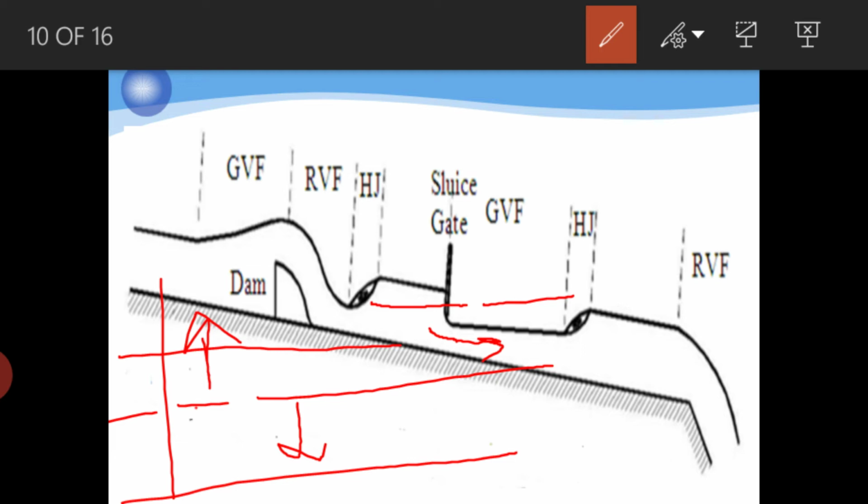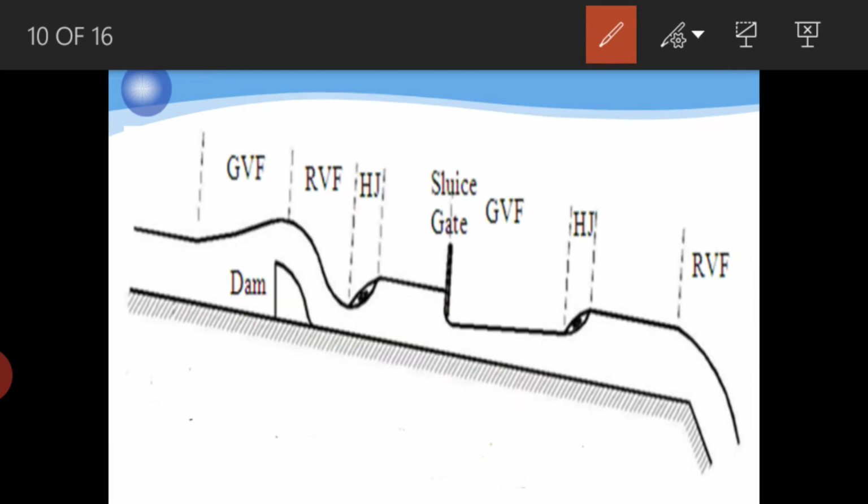The velocity will be very high, and here the velocity is less. Then when it goes from subcritical to critical, then critical to supercritical, it gives you very high energy, and this flow represents the shooting flow. It shoots out and comes with a very high speed, and that particular flow is called a supercritical flow.